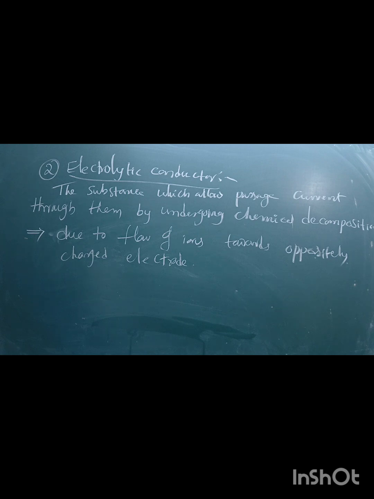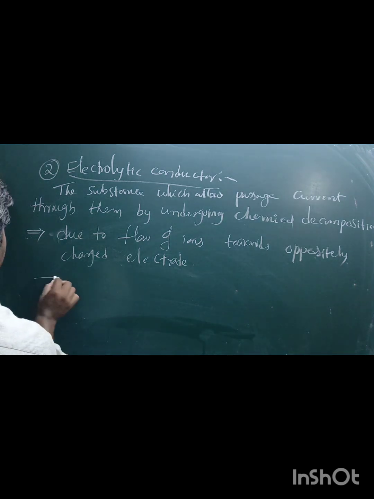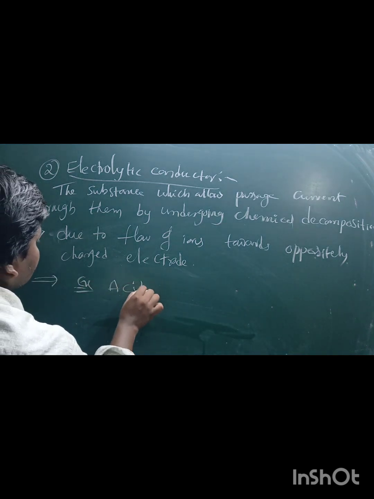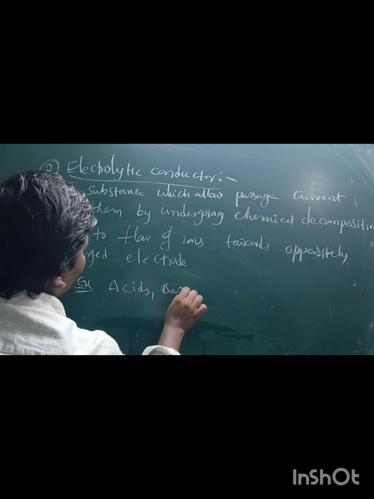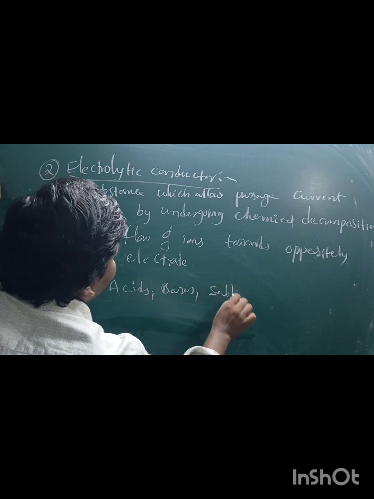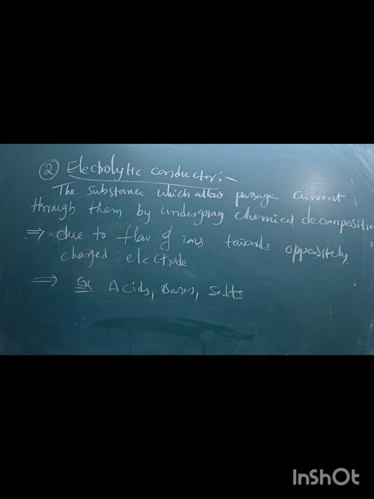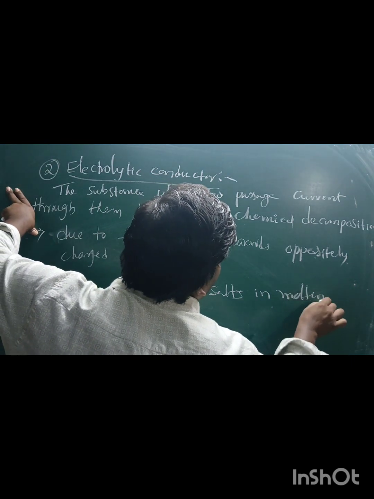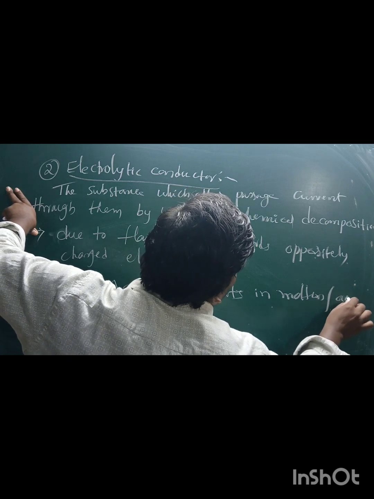Examples of electrolytic conductors: acids, bases, salts in their aqueous or molten state.